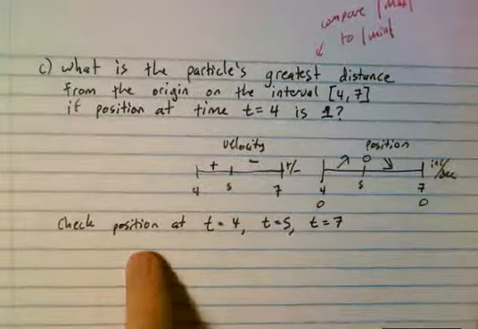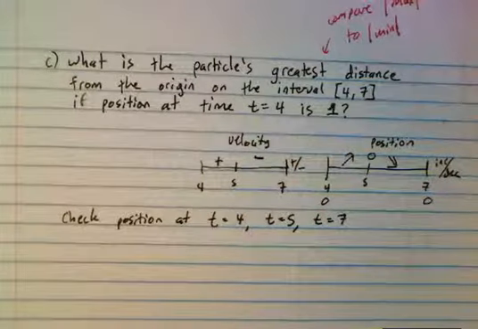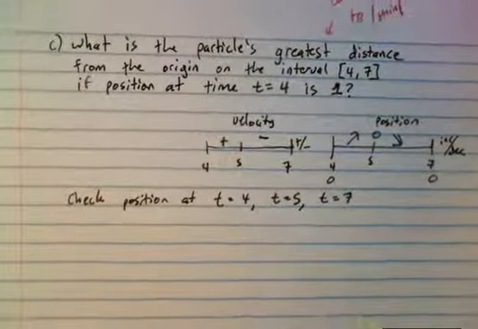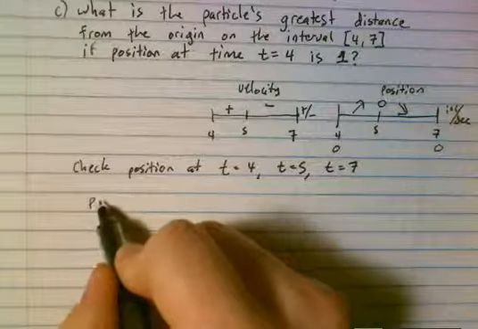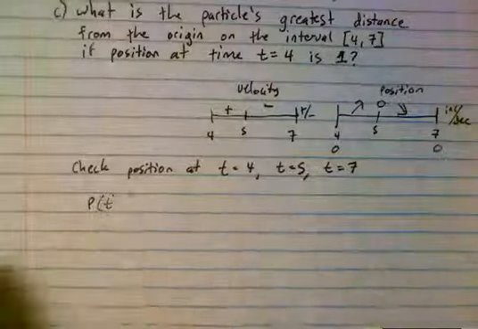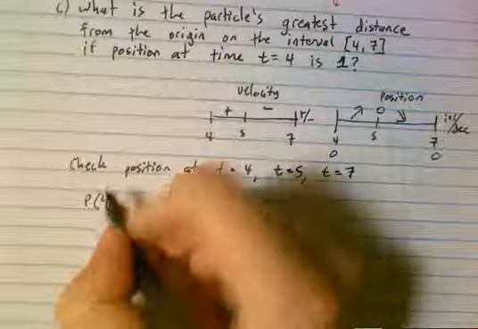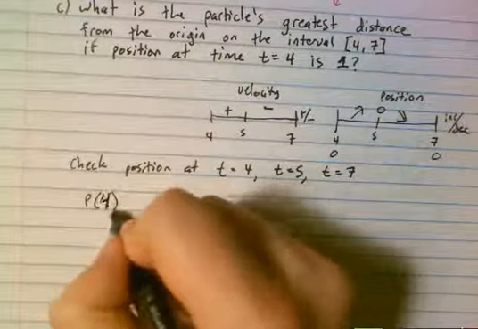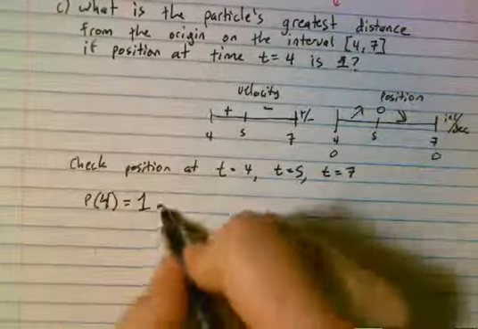So here we're checking what the position is. We just don't care whether it's to the left of the origin or to the right. So we know that the position at time t equals 4 is, we're told, 1 meter from the origin.